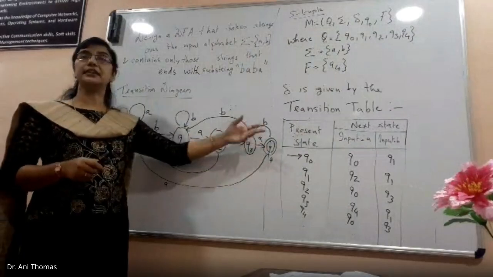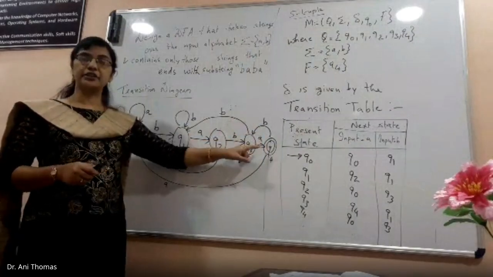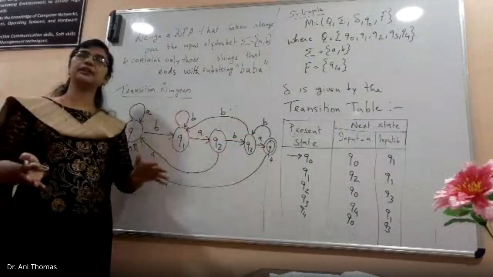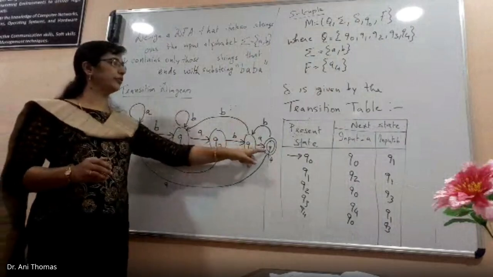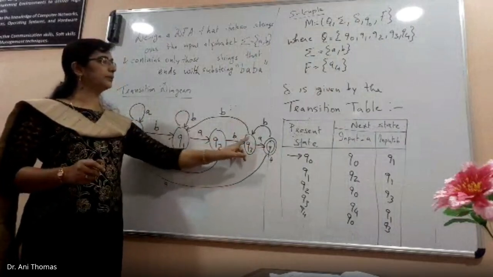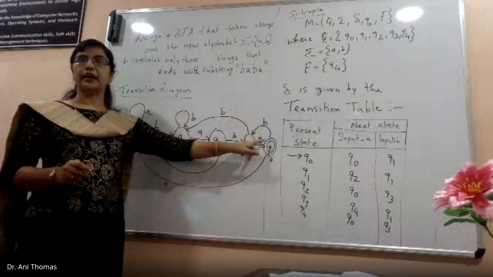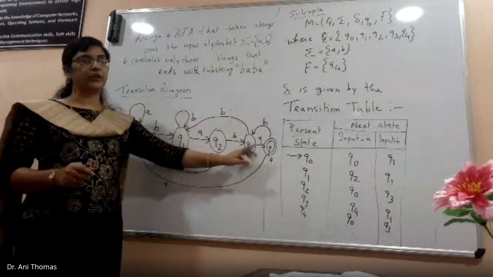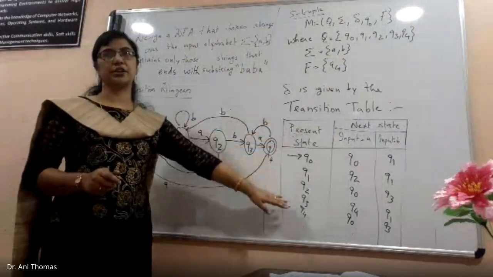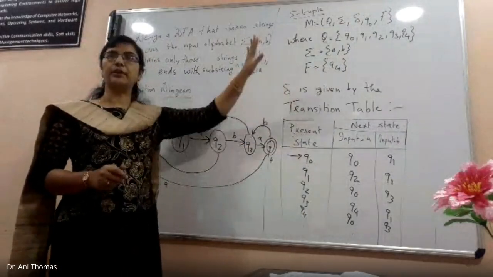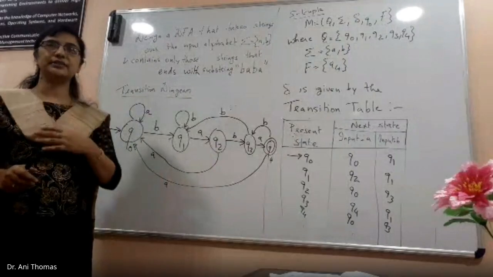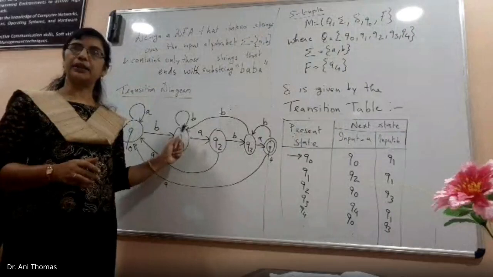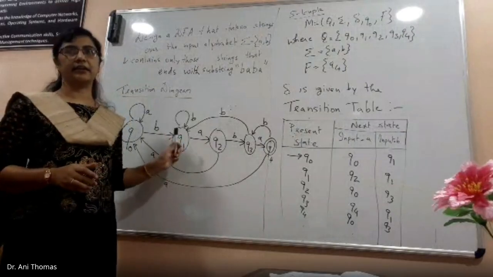Otherwise, it could make any sequence of A and B after BABA, which cannot be allowed because the string has to end with BABA. So we cannot put A and B onto itself in Q4. That way, only our transition table has changed and our five tuple remains the same. So this is the DFA for strings that contain BABA and strings that end with BABA.